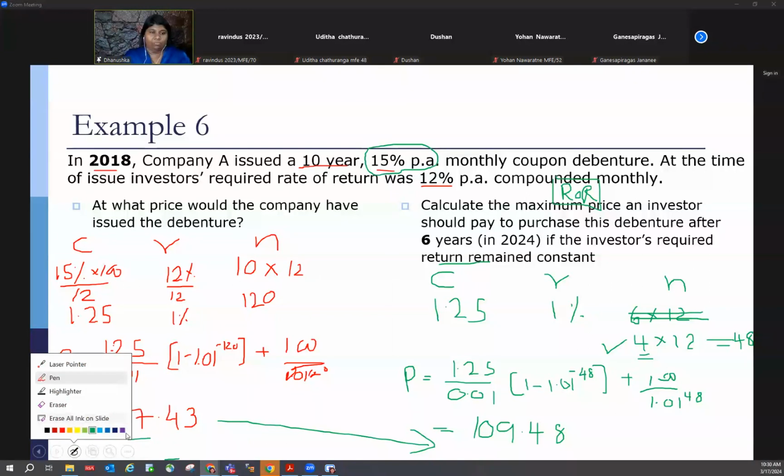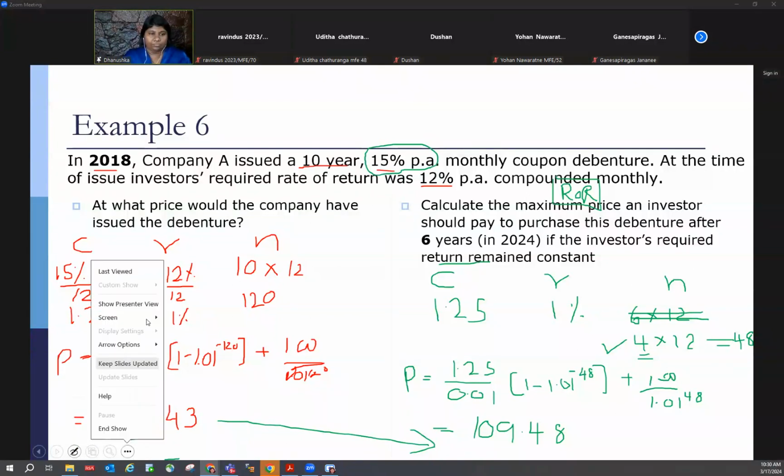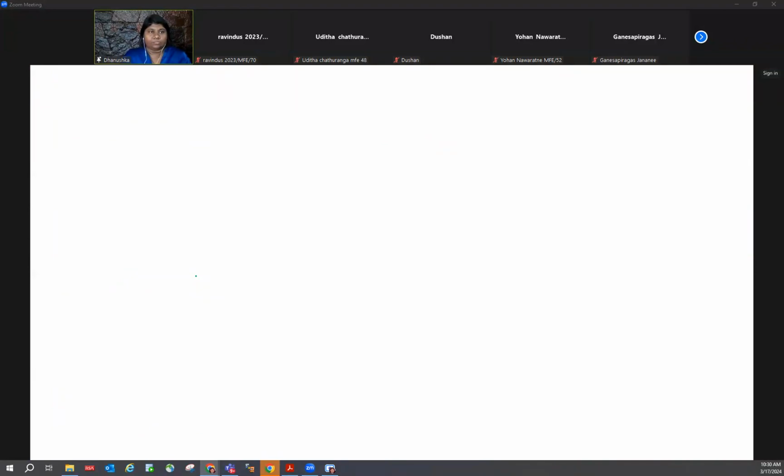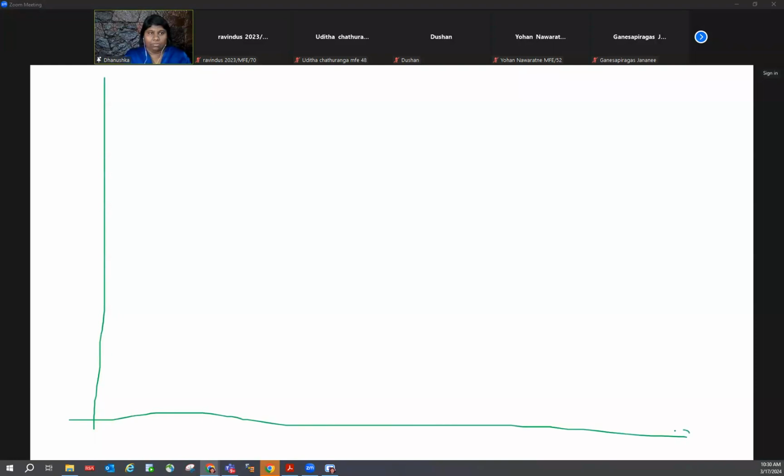So if we, for example, let me draw this. Now what I'm drawing is the price versus time remaining to maturity, right? Time remaining to maturity.